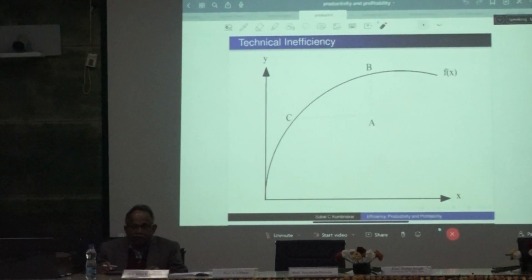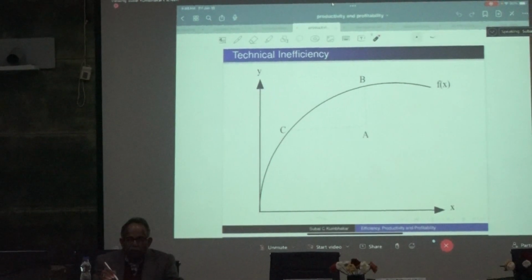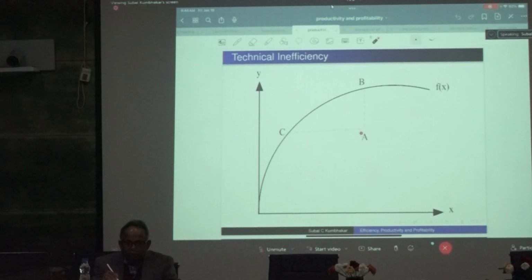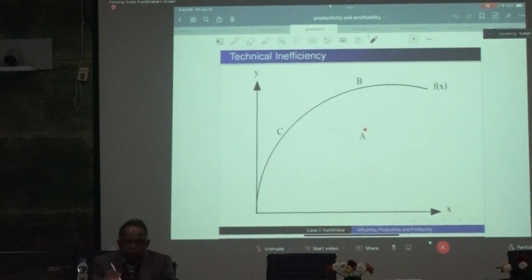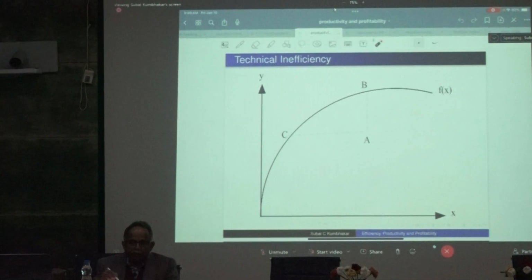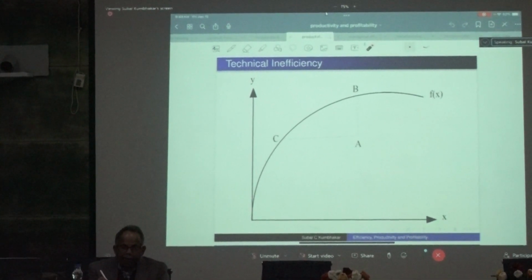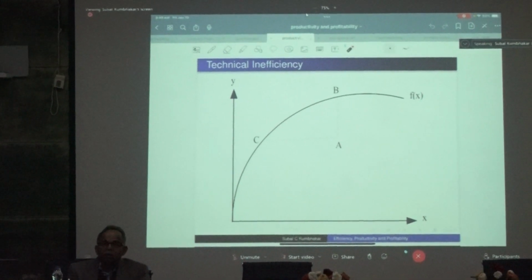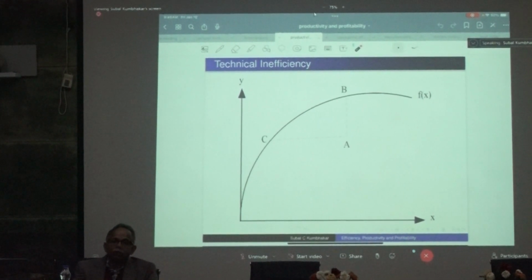So if you are observing a particular firm with some level of input X, like this much, that means you are observing point A, and the output is given by this distance. Since it's an inside point, it's not on the production frontier or production function, so there is naturally a gap between what you observe and what the maximum is, or what we sometimes call the potential.